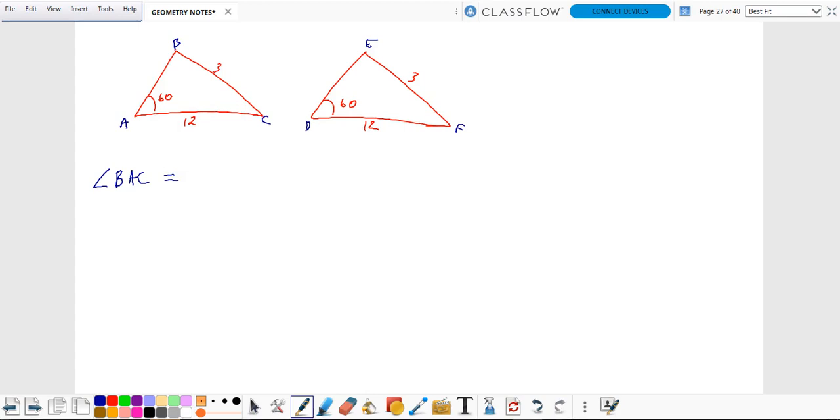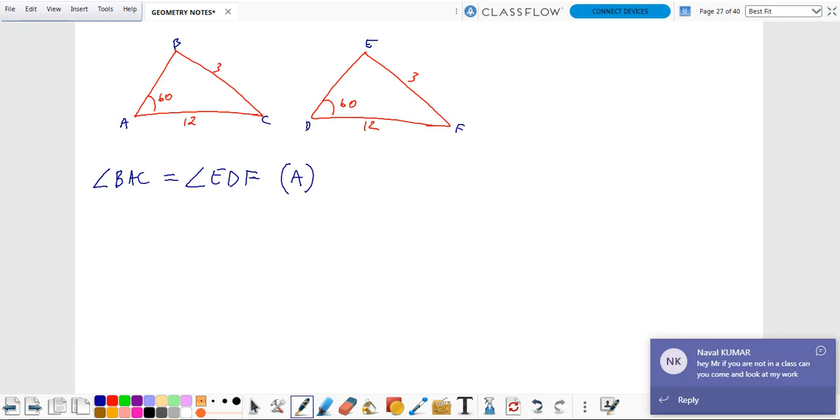EDF. So angle EDF. They're equal, and you would write angle A. Don't you do the curvy line on top? Not yet, not until the very end.